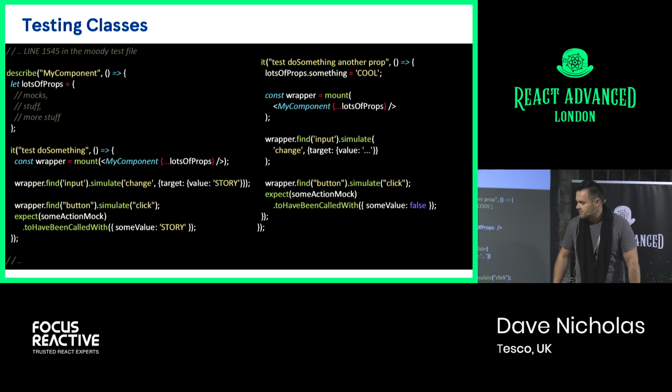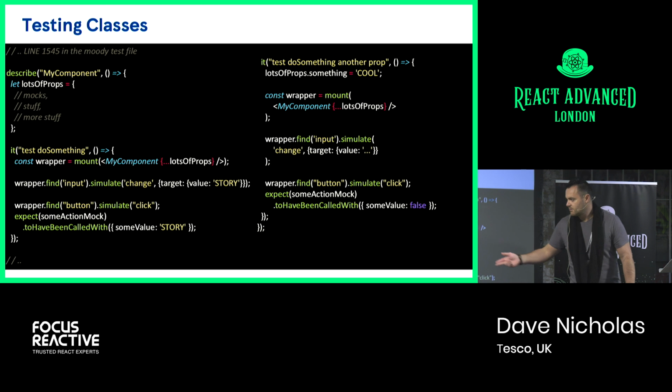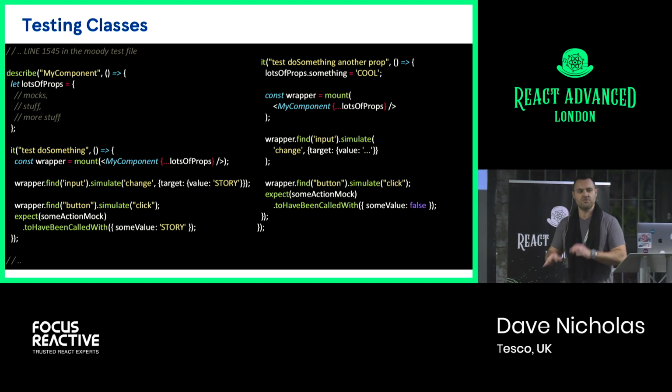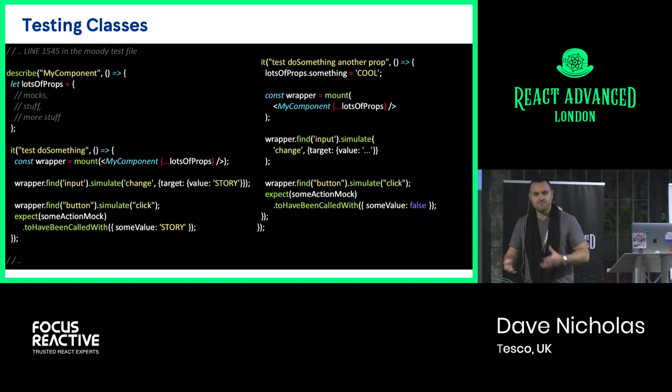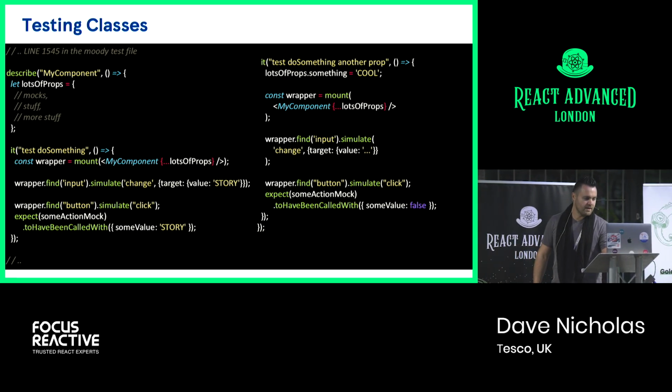Tests typically look like this. You have to remount the component, keep passing in props, doing state interactions, doing DOM interactions, clicking buttons just to observe side effects. And to keep testing the business logic, you have to keep remounting the component.